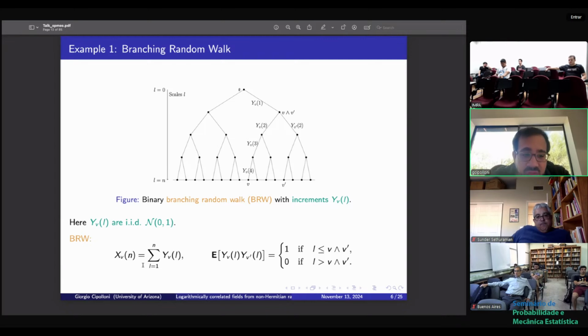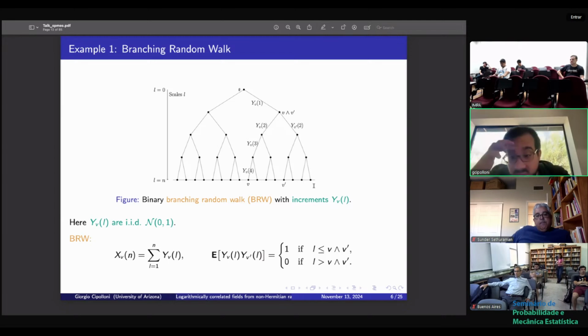And so for fixed V, this is basically just a normal random walk, and this branching structure comes in if you look at the correlation of two different points, say V and V prime, and we look at the corresponding increments. So if L is smaller than V wedge V prime, which is the last common ancestor, that is, the last point where they share an edge and then they branch.